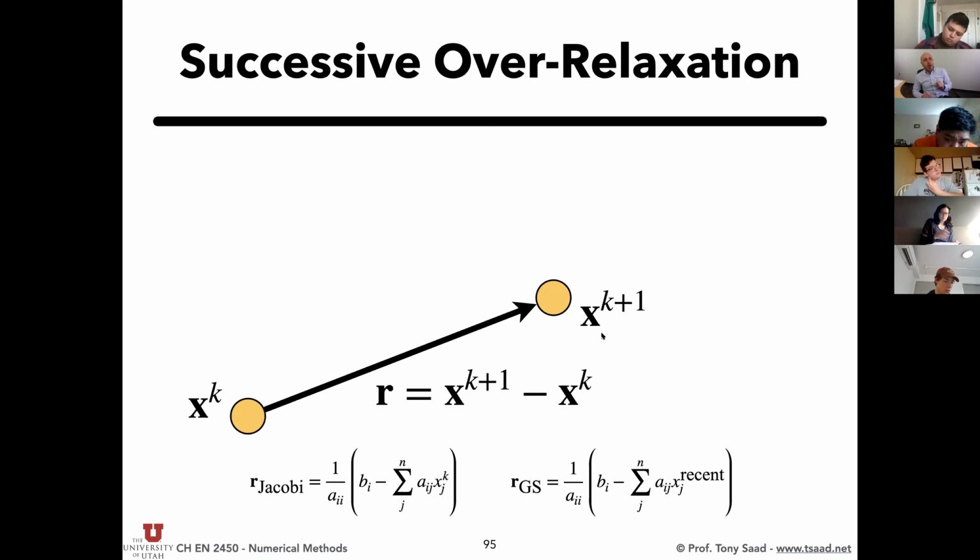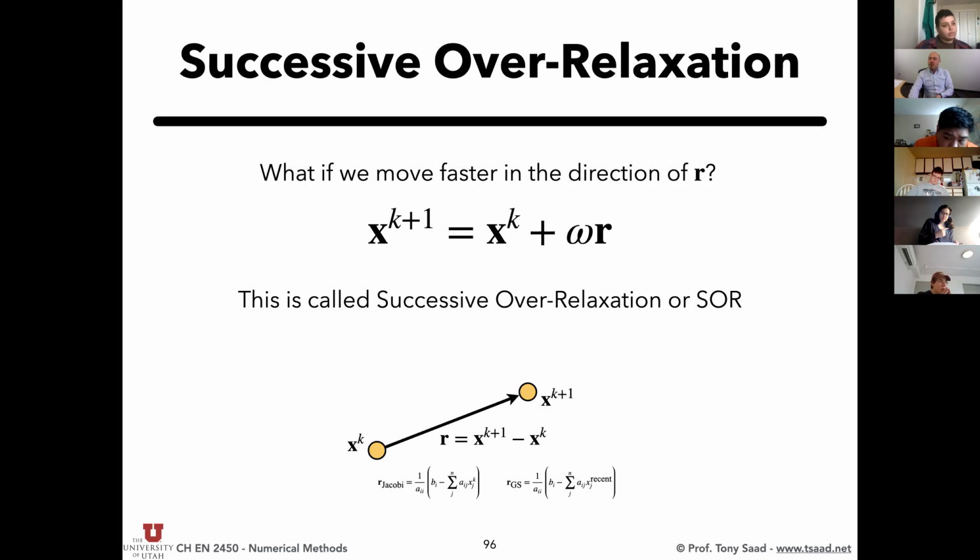Just take that recipe and scale it by a number. This is called successive over relaxation. Doing this simple change might even cut your iterations from Gauss-Seidel by possibly a factor of 2 or 4 or 5.